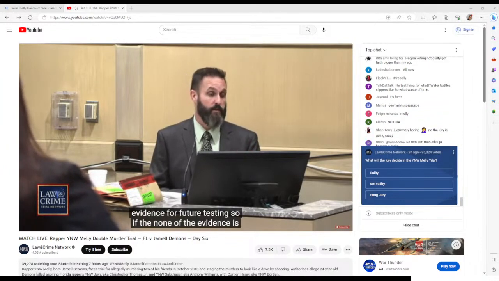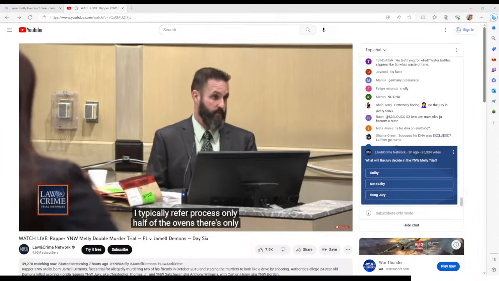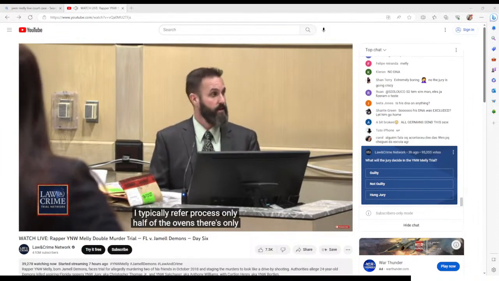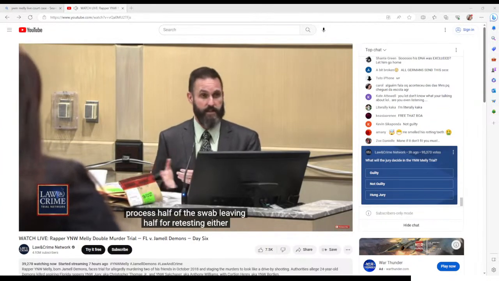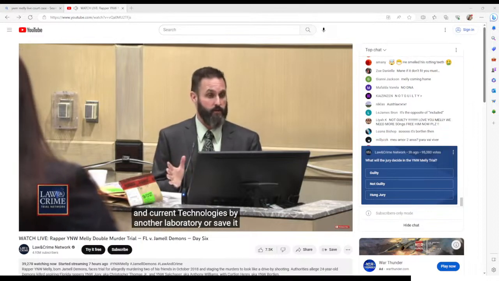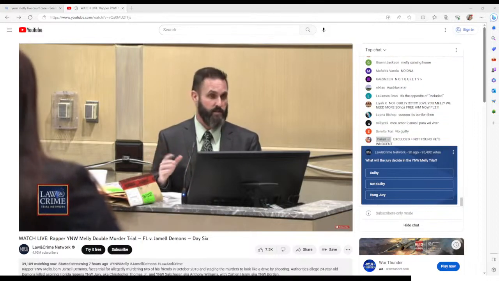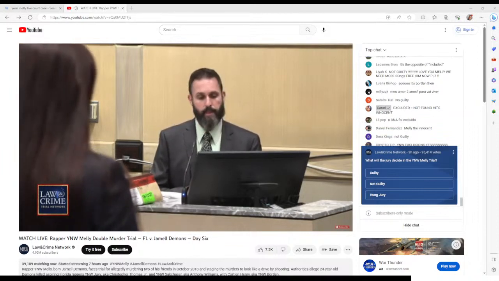So if an item of evidence is submitted, I typically process only half of the evidence. If there's only one swab submitted, I'll process half of the swab, leaving half for retesting either in current technologies by another laboratory or save it for future testing when technology has advanced even further.